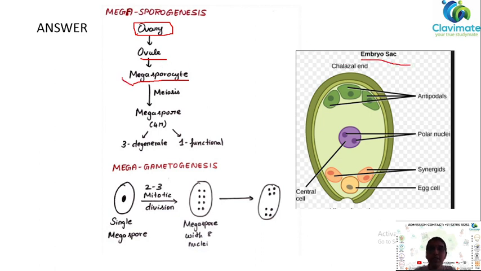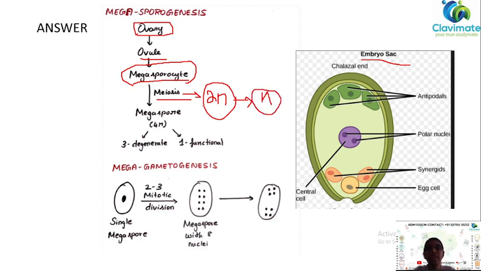This megasporocyte will undergo meiosis. So meiosis is a reductional division. So that is there is 2n chromosomes, it will get converted into haploid, that is n. So this is meiosis.